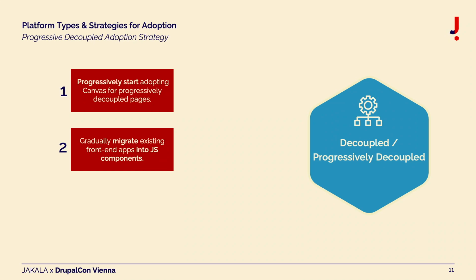You can start replacing them with proper JavaScript components, which have props, which have a configuration, and which are tracked by the back office of Drupal Canvas. I'm not sure it has been shown, but we have a dashboard which shows all these components, where they're used and how many times they are used. And that's something quite important, to have a governed model for all these JavaScript applications.